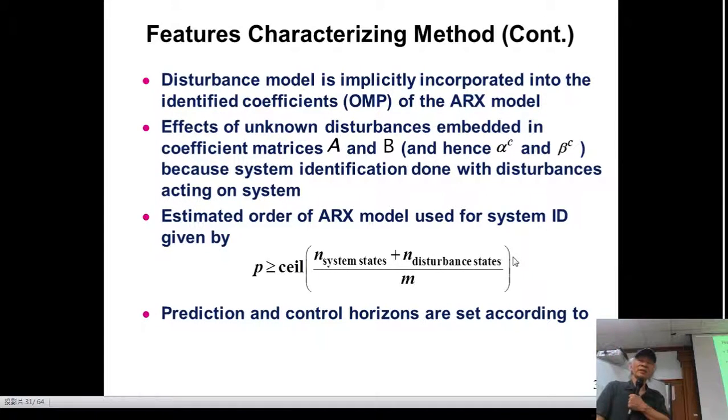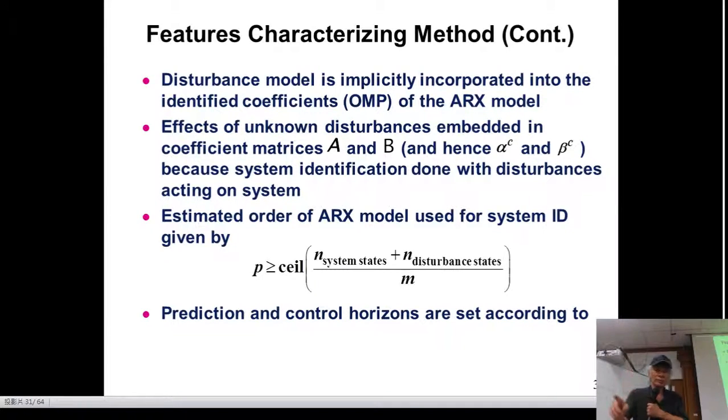I didn't give you a disturbance state, so that's 0. The output number is m equal to 1, because I have only one output. You have to know how to apply these equations, because this equation allows you to solve for p.